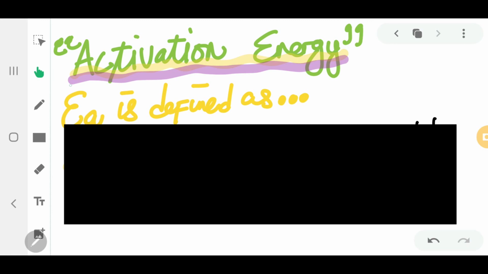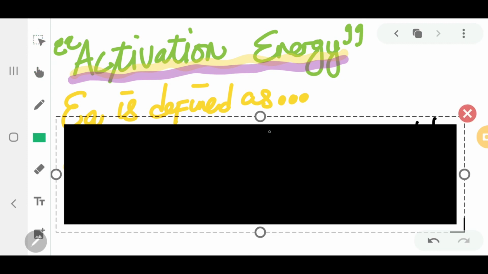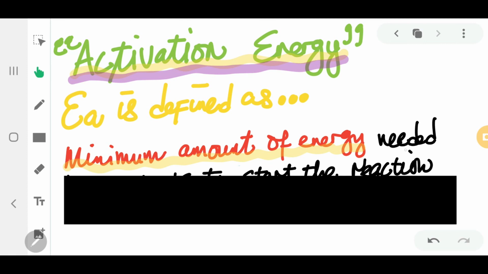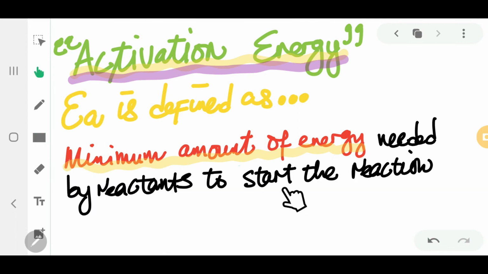So what is activation energy? Activation energy, the symbol of it is EA. EA is defined as the minimum amount of energy needed by the reactants, or molecules reacting together, to start the reaction.